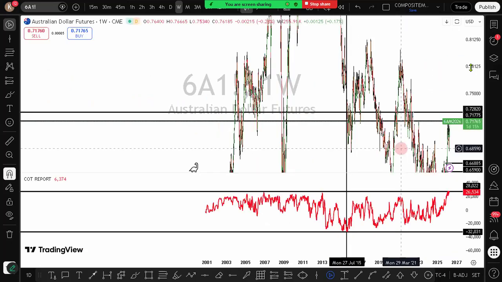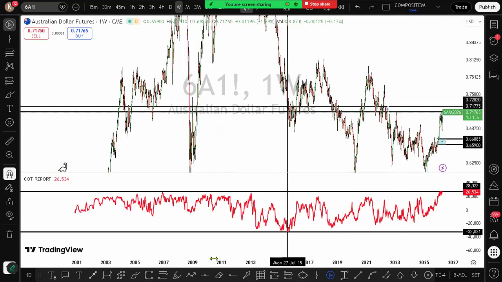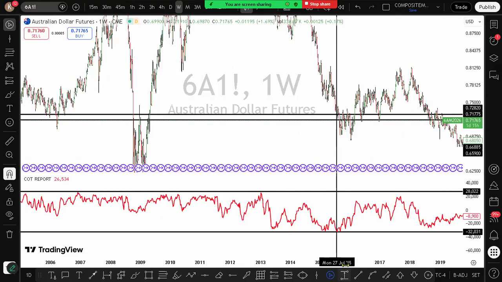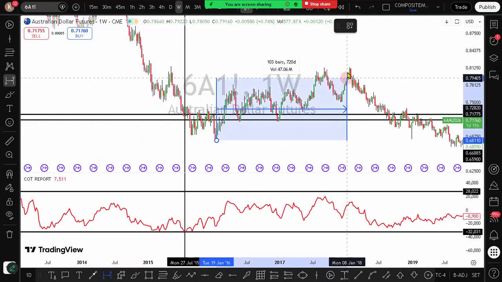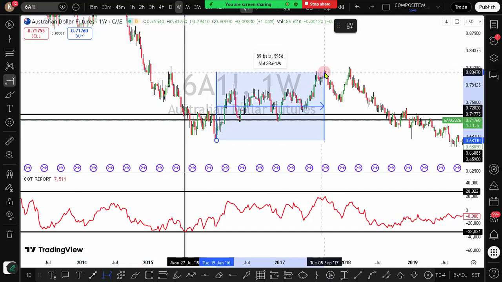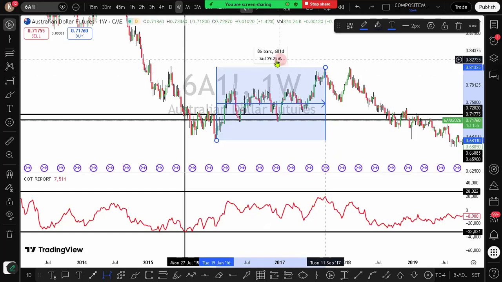When retailers were at their all-time low, price took some time to turn, but the low was here, and price kept going up for the next 601 days. It kept pushing higher.